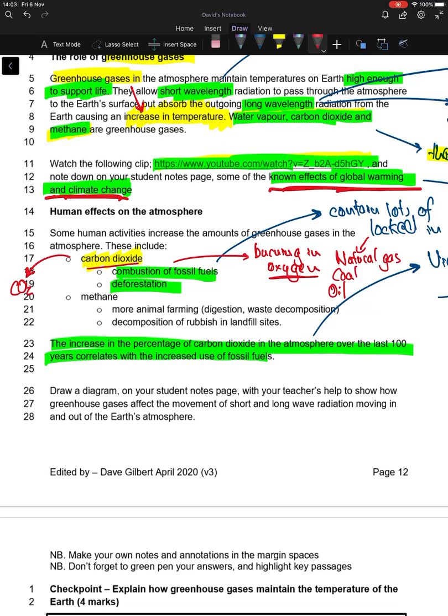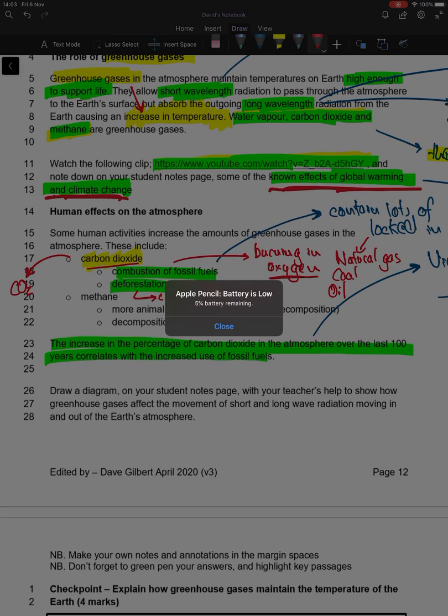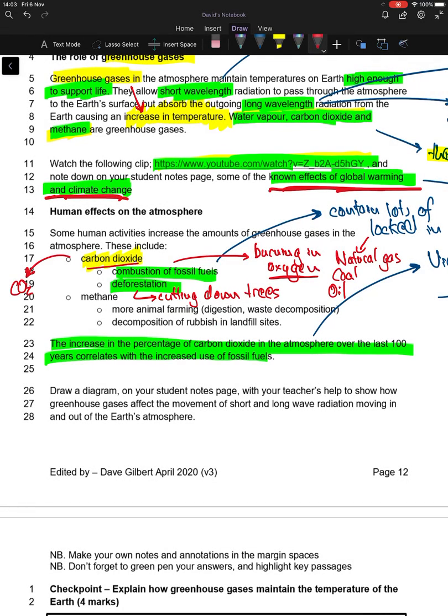Right, deforestation. Deforestation, cutting down trees. Why is that going to increase carbon dioxide? The reason is that if you've got fewer trees, that means less photosynthesis. And if you've got less photosynthesis, you have less oxygen being produced and less carbon dioxide being absorbed from the atmosphere.